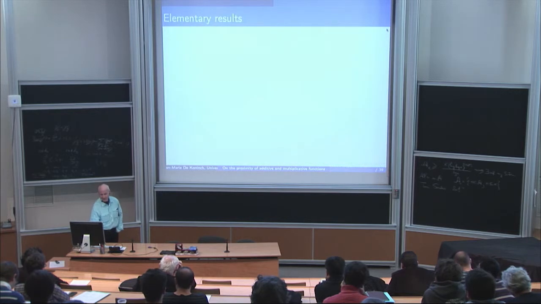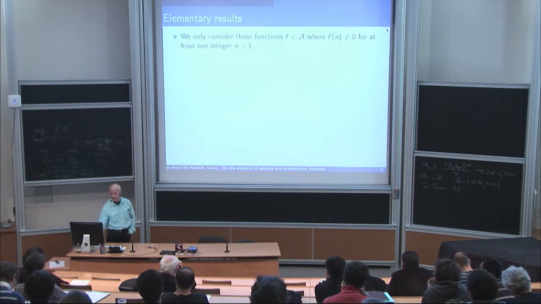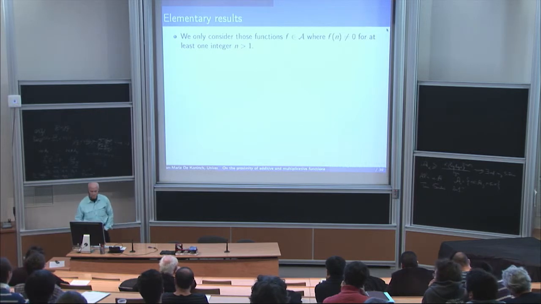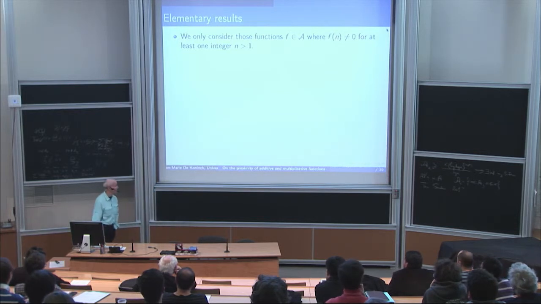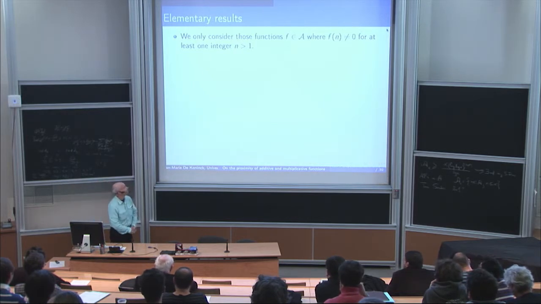Okay, some very elementary results to start with. First of all, we will always work with additive functions which are not always 0. So when I write an additive function, assume that it is not 0 for at least one integer bigger than 1.